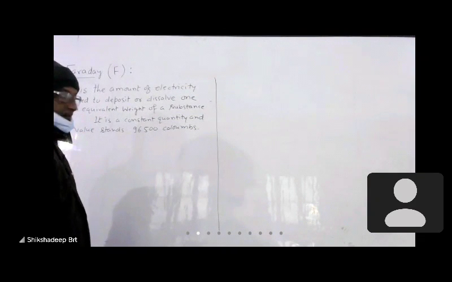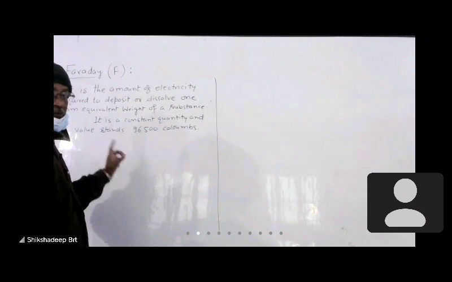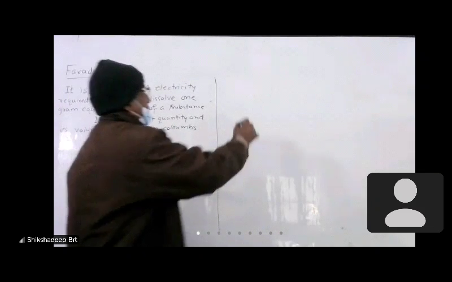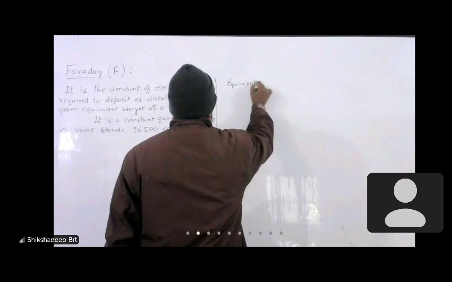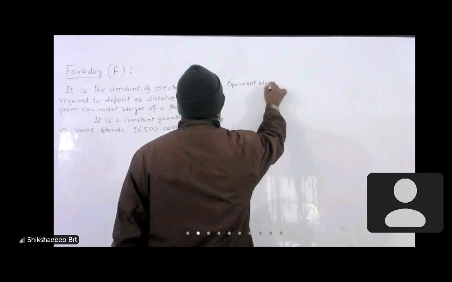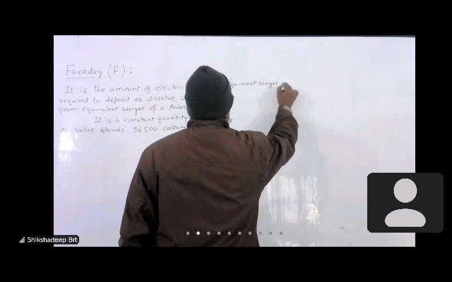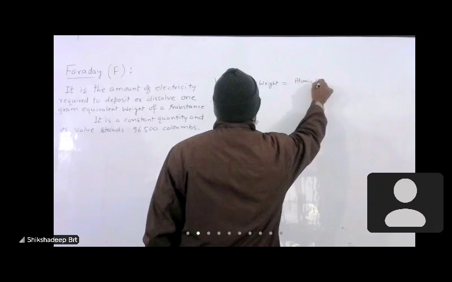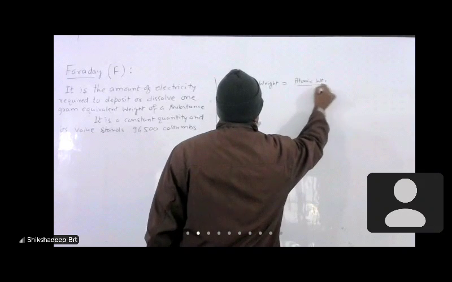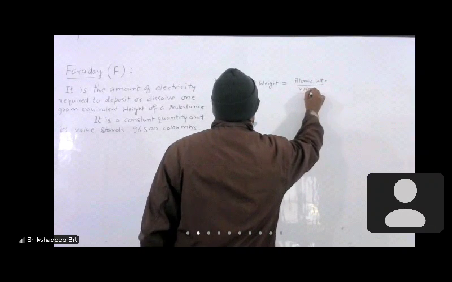Now, first we try to understand it. You will get time to copy it. Why equivalent weight first? The formula for equivalent weight is atomic weight divided by valency.